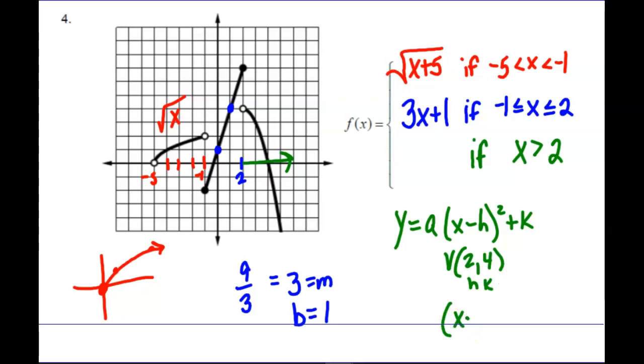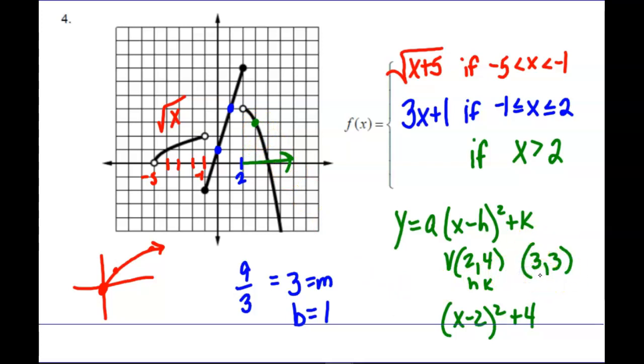So we'd have x minus 2 squared plus 4. It definitely has an a value other than 1. How do I know that? It's going down, yeah. When we did these before, we plugged in ordered pairs, so 3, 3 seems to be on that graph.